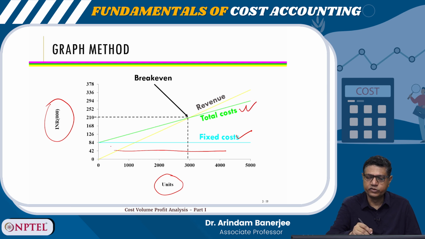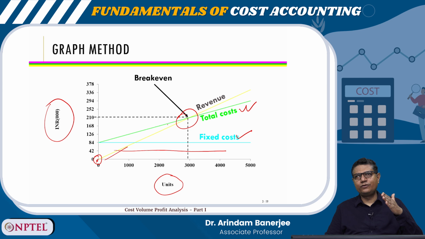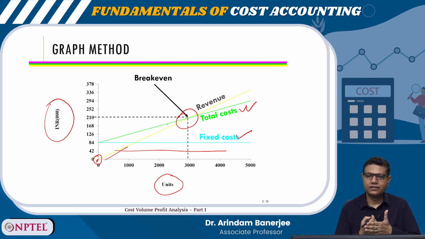This is the total cost, if I add variable cost, it is increasing. And the revenue: if your sale is 0, the revenue is 0, and you see it is increasing like this. At this point the revenue line and the total cost line are intersecting.